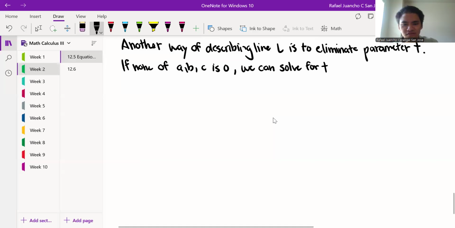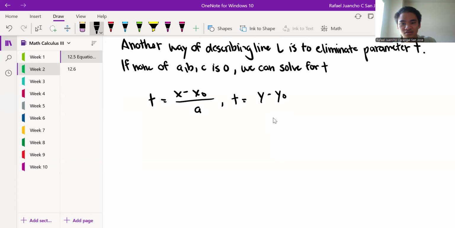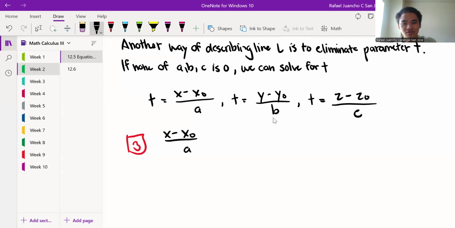So t is this thing. t could also be in terms of y, with b, or in terms of z. And here we actually obtain something nice, which is that since they are all equal to t, then that must mean they are all equal to each other.